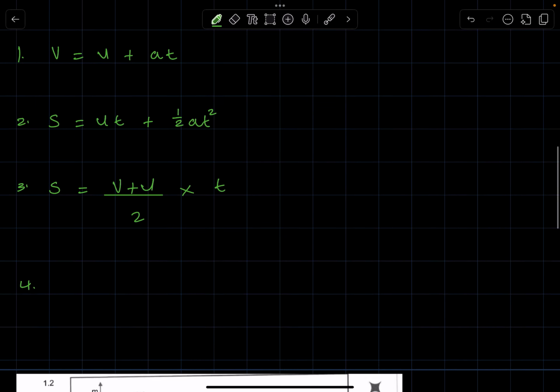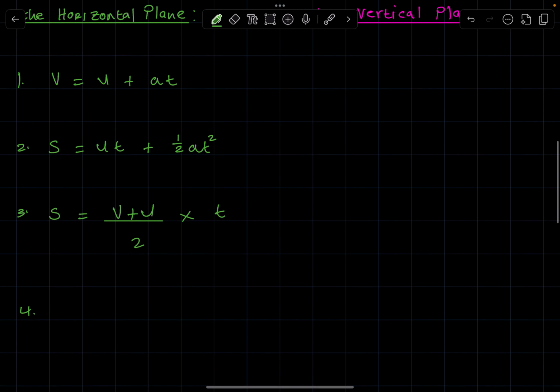Now to get the fourth and final equation of motion, this is what we consider. If you look, all of our equations have time. This one is t, this one is t, this one is t. So all of our equations have time. So what happens in the event that you're looking at a question where you haven't been given time?